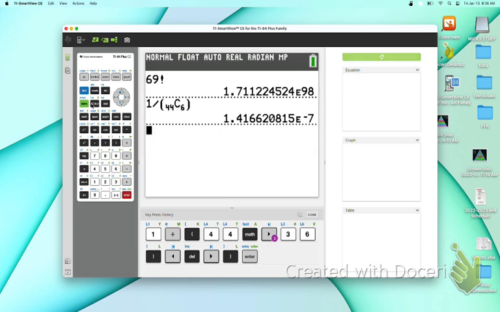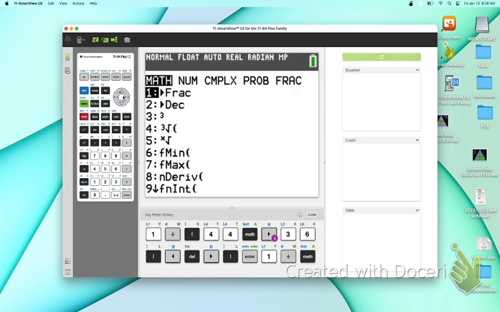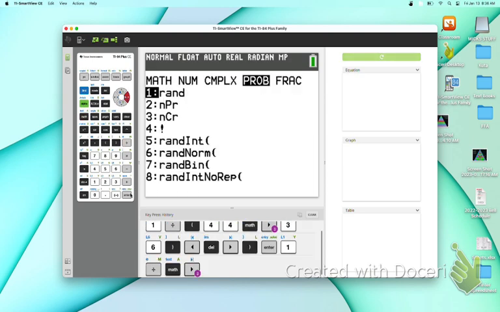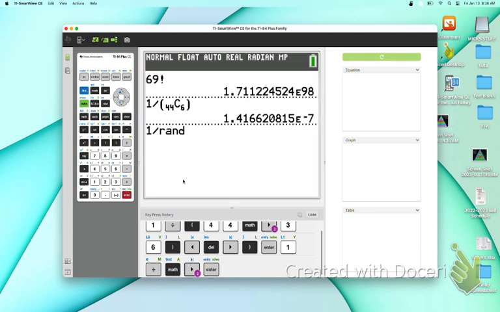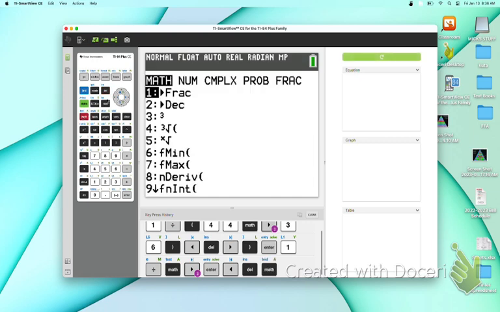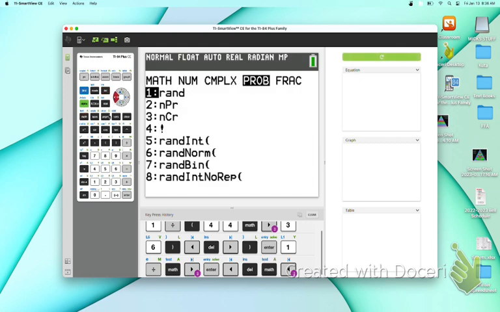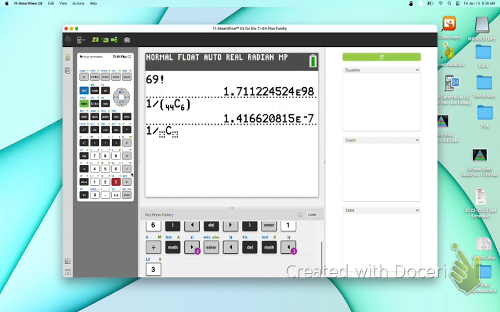Okay, so yours you would do 1 divided by math probability. Oops, I didn't hit what I wanted. Math probability 3, and then you would just fill in 44, arrow over, and hit 6. How do we do it on the older ones?